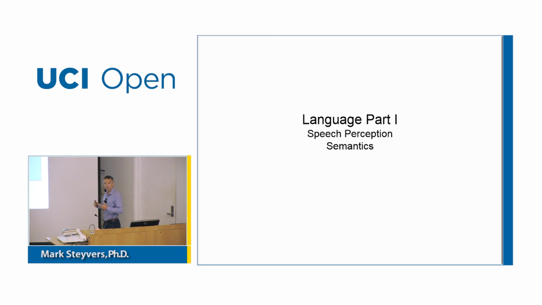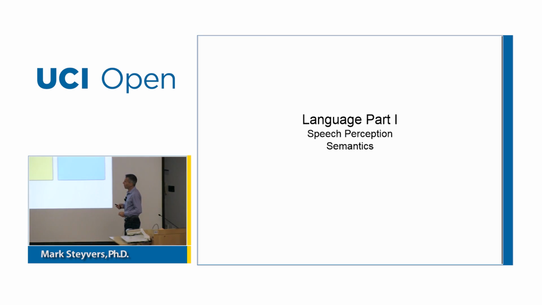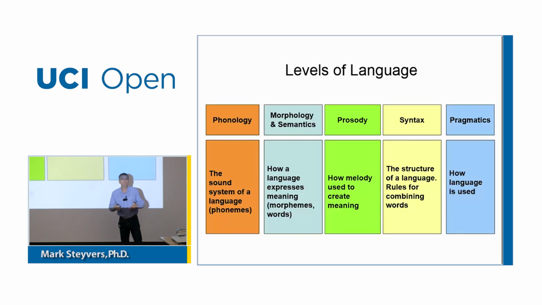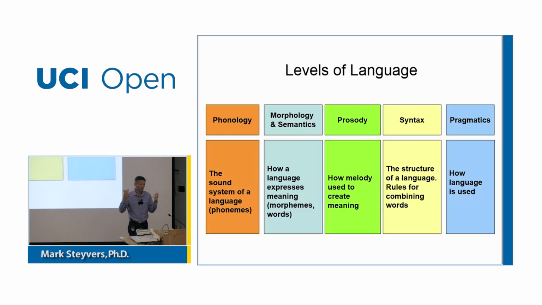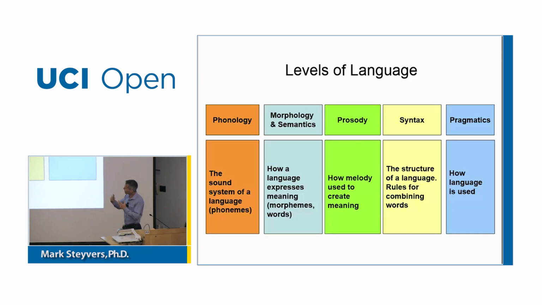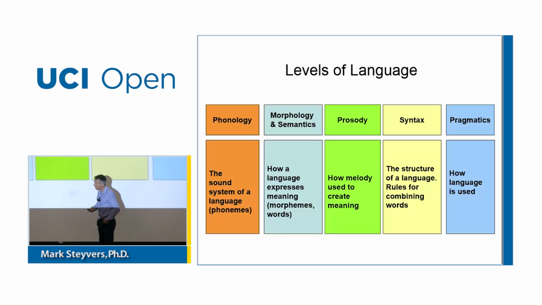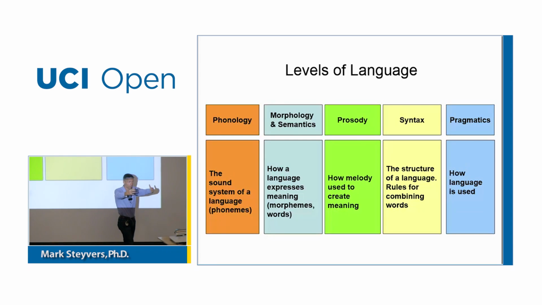This is the study of the sounds in a language: which are the phonemes that make up a language, that produce meaningful differences, and which is acoustic variability that doesn't map onto meaningful differences. Phonology is both about the production of language as well as the perception of language.